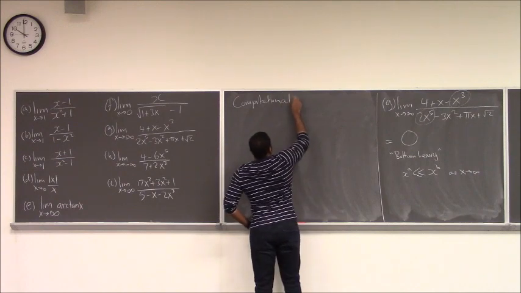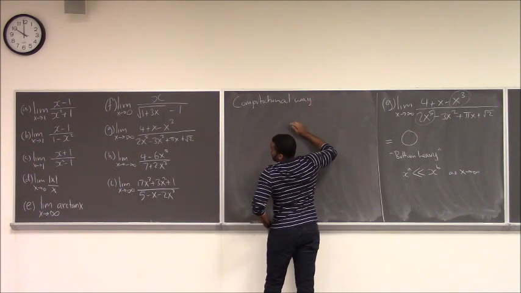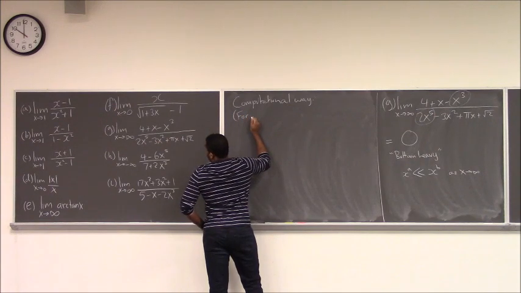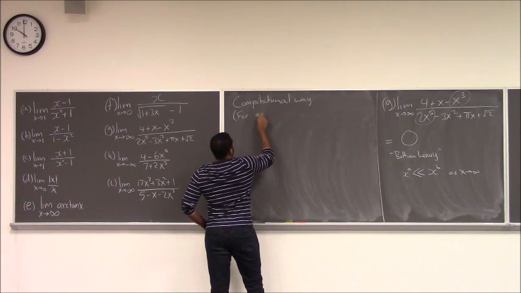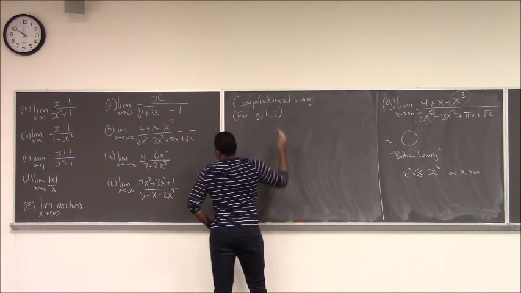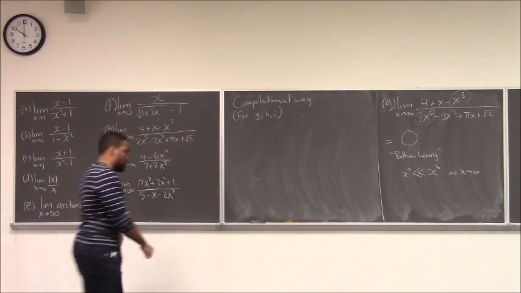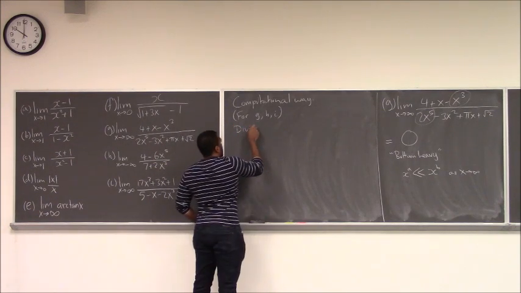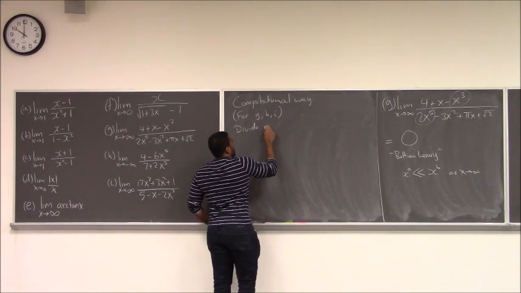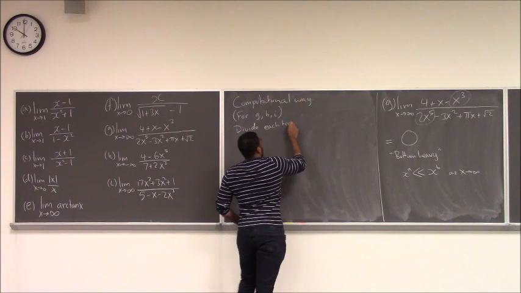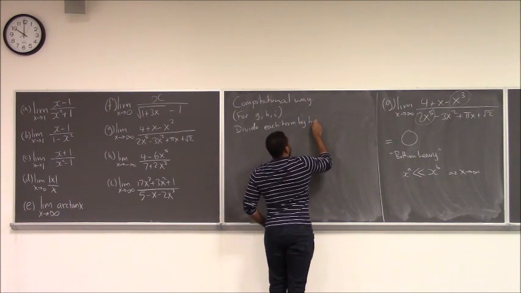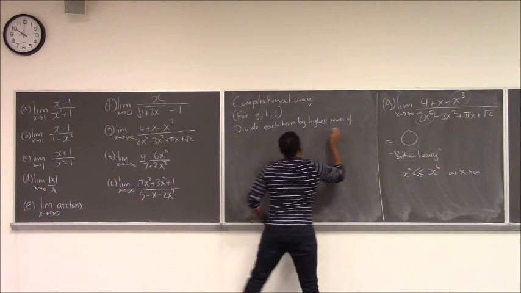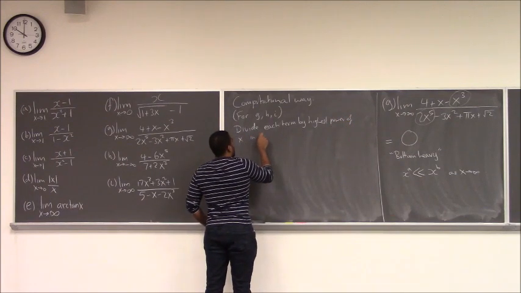A computational way, and this will work for G, H, and I. Right? Whenever you see a ratio of polynomials like this, something you can always do is you can divide each term by the highest power of x in the denominator.